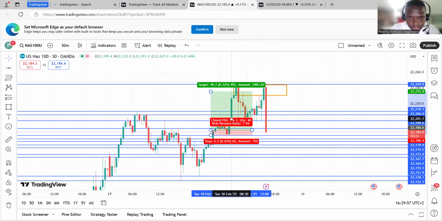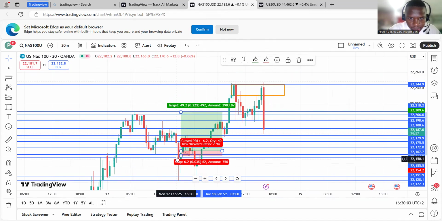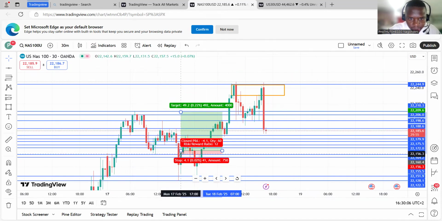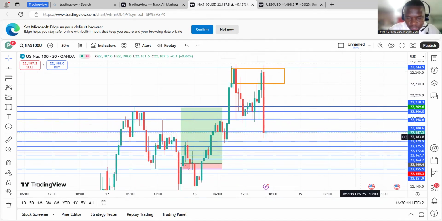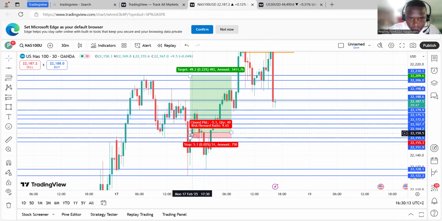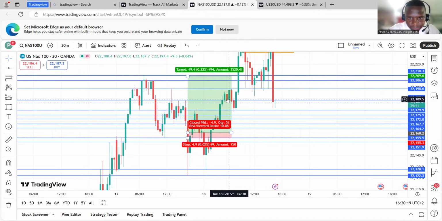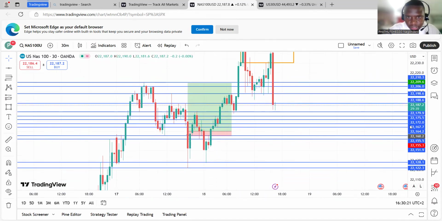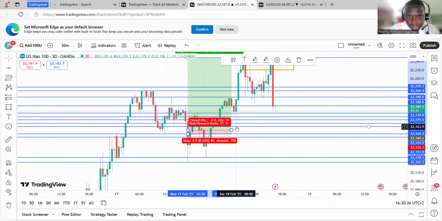Let me just move this so that you guys can see what I mean. Nasdaq, I entered here. My stop loss is here. This is where I entered Nasdaq, guys, right here on this week. So Nasdaq was moving up all the way here.